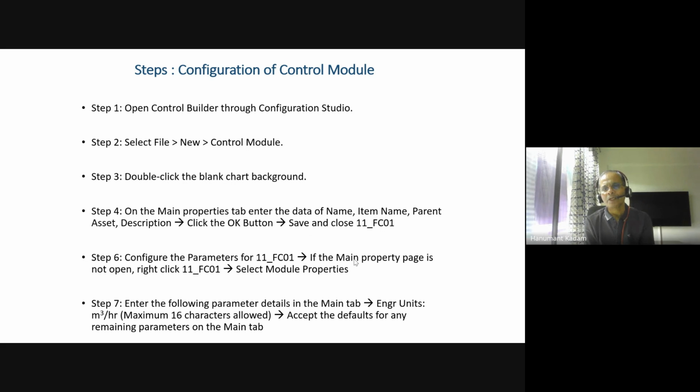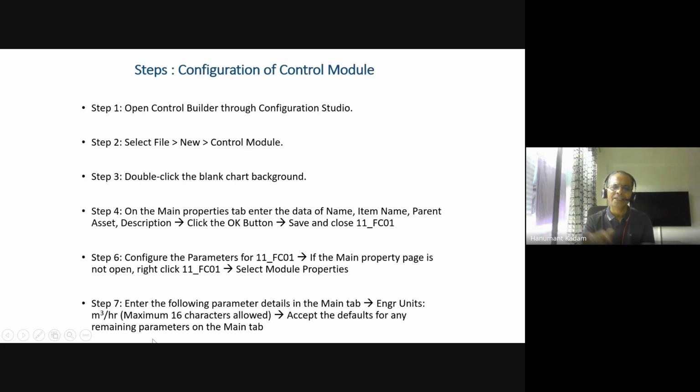If the main property page is not open, right click on 11 underscore FC01 and select Module Properties. That's all. Normally you right click and check the properties of files or folders, same thing. So you will get a main property page here.